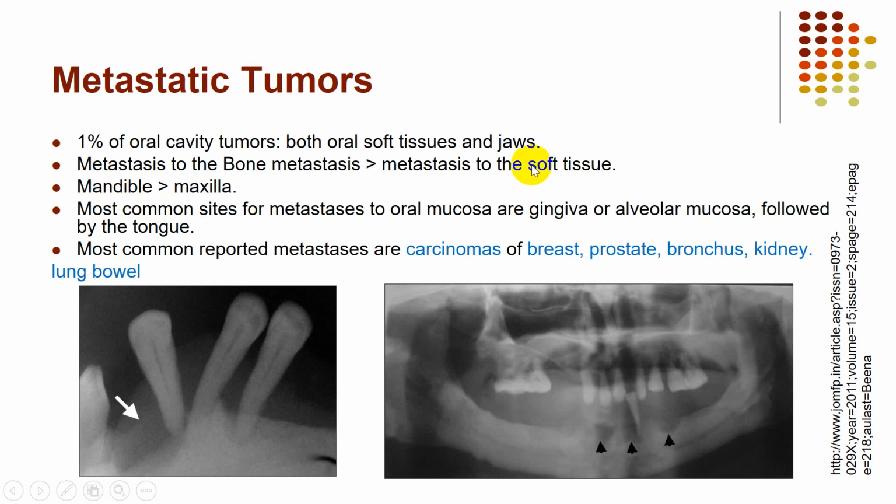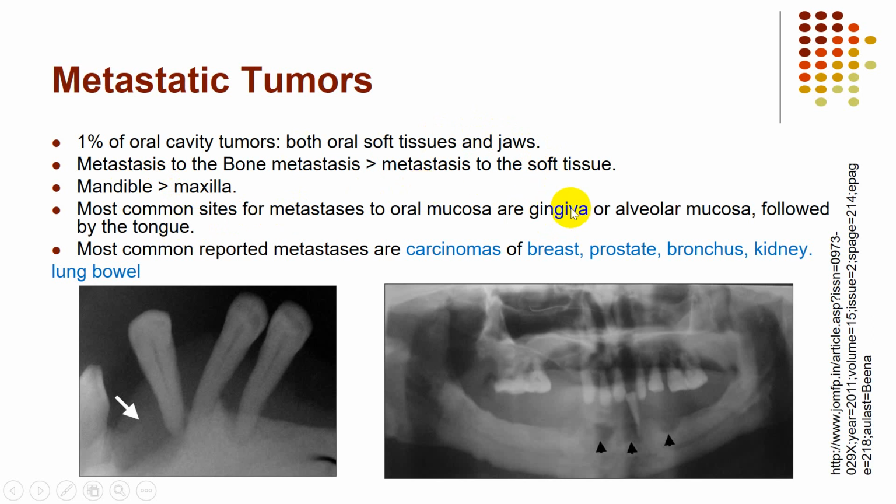They can go to the soft tissues and the bone in the oral cavity. They can go to both bone and soft tissue, but they can go to the bone much more likely than metastasizing to the soft tissues. And if they go to the bone, it is more likely to go to the mandible more than the maxilla, and in the soft tissues, more commonly going to the gingiva and the tongue.